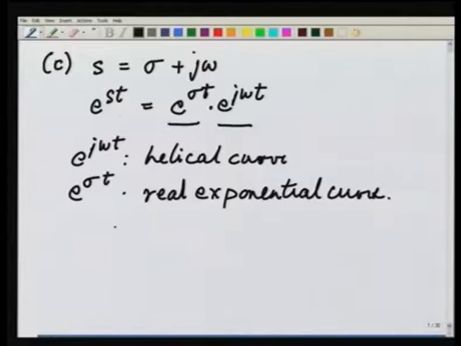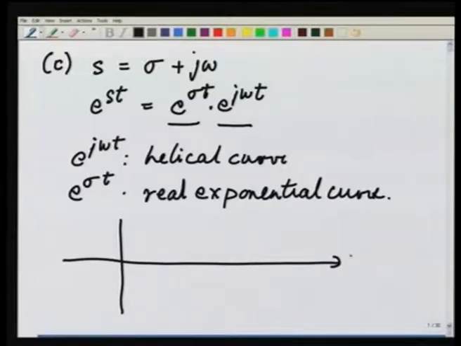Thus, e to the s t is also drawn on a 3-dimensional graph. T, the independent variable of the function, takes one dimension, the other two dimensions are occupied by the imaginary part and the real part of e to the s t.